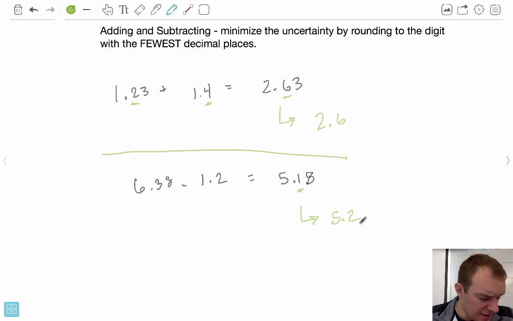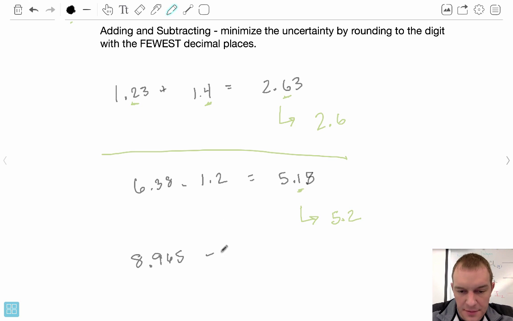Okay, and then finally, one more example. We could look at 8.965 minus 3 decimal equals, okay, that's going to be 5.965.